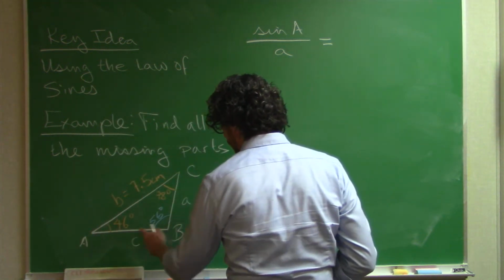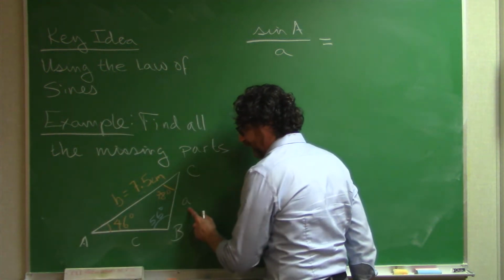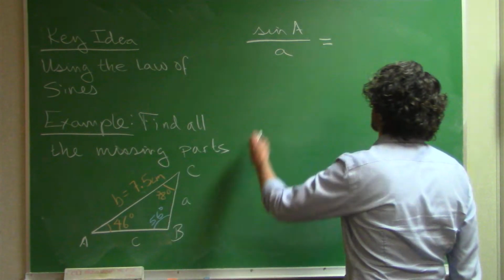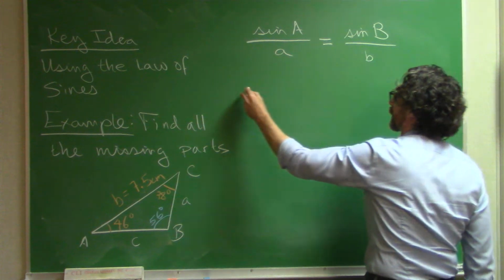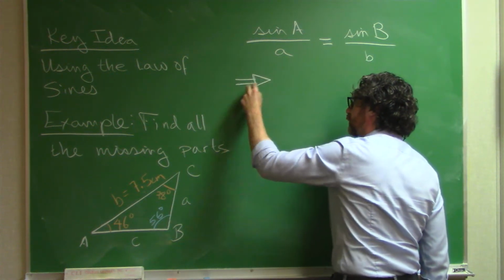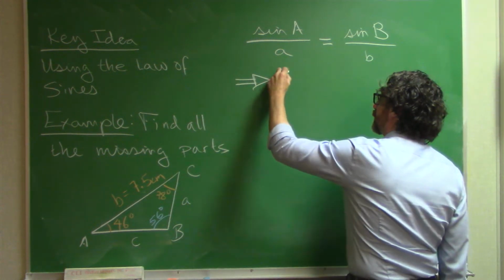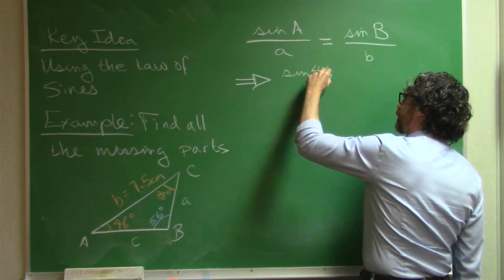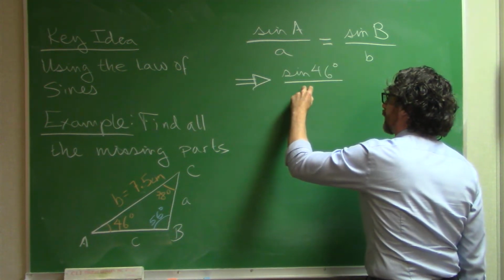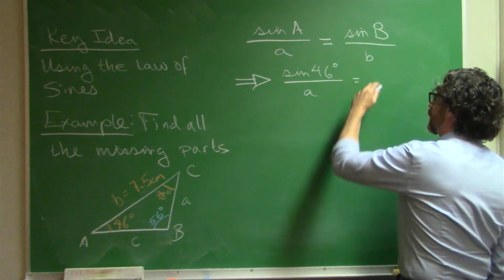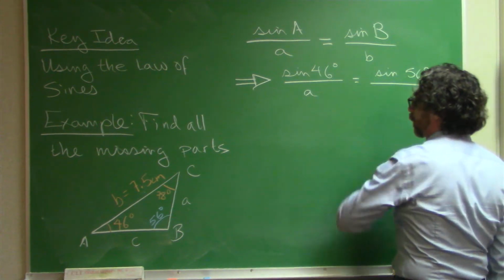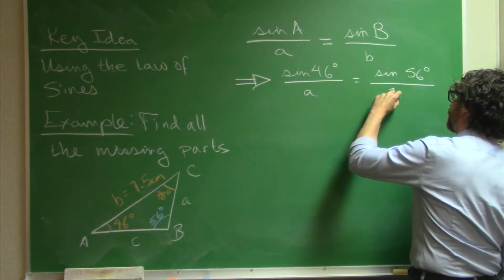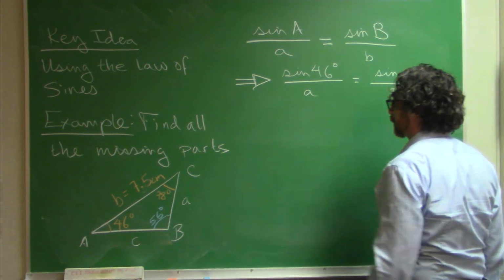So the sine of angle A over the length of side A should be the same as the sine of angle B over the length of side B. All right, if that's true, that means sine 46 degrees over the unknown side length A should equal sine 56 degrees over the known side length B, which is 7.5 centimeters.